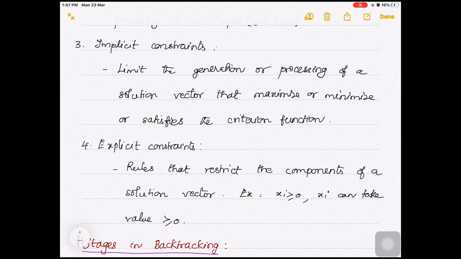One is the implicit constraint, which limits the generation or processing of a solution vector that will maximize or minimize, or satisfies the criterion function. Explicit constraints are the rules that restrict the component of a solution vector. Say, if xi has to be greater than 0, then it can take only a value which is greater than 0. So this is about the implicit and explicit constraints.